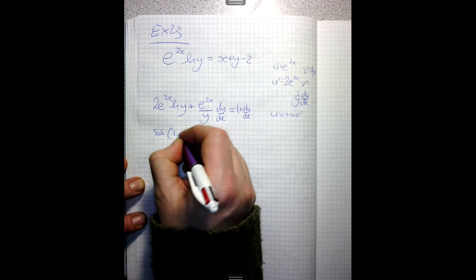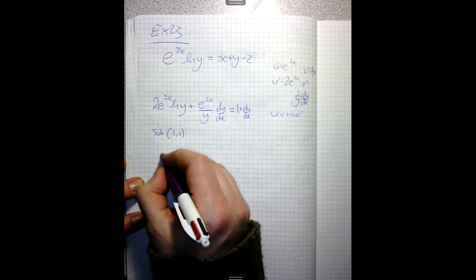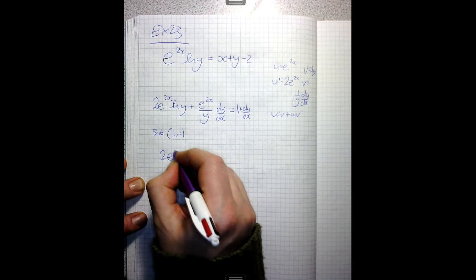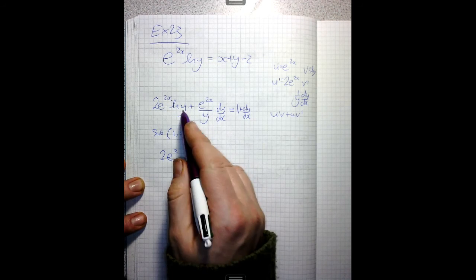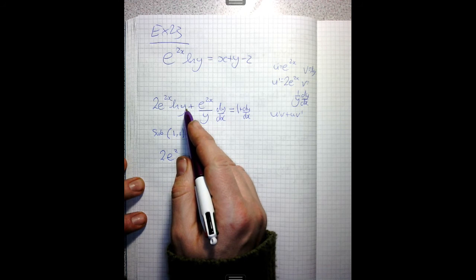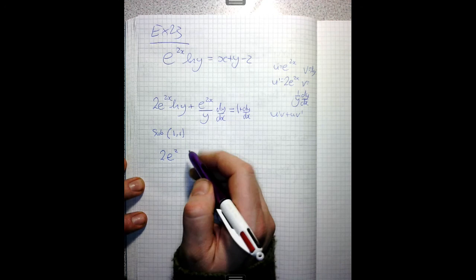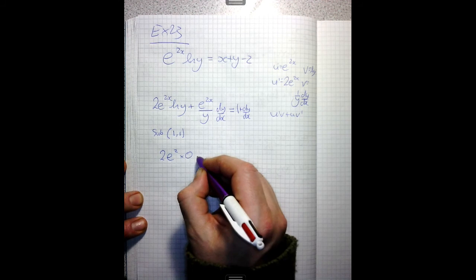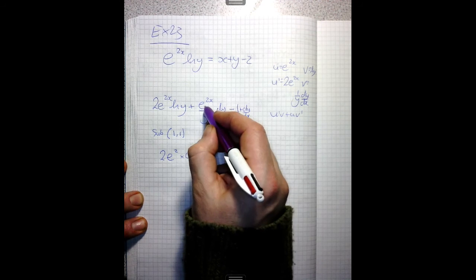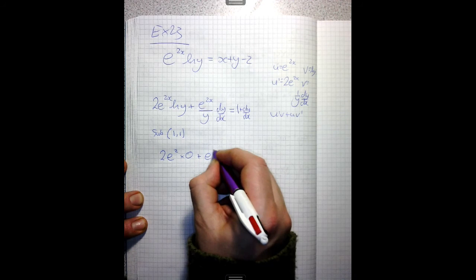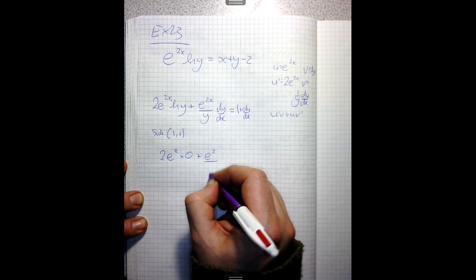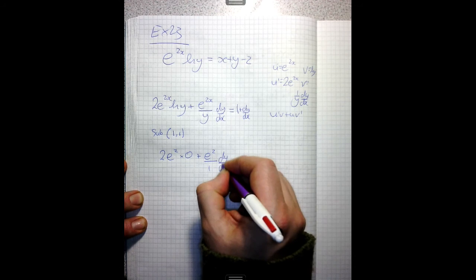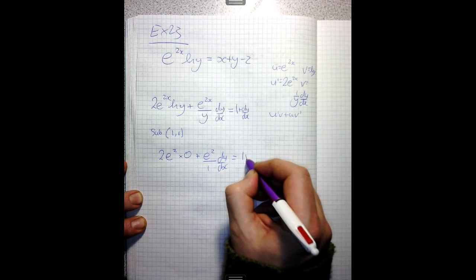Okay, so 2e squared log of 1 is 0, times 0, plus e to the e squared over 1 times dy/dx is 1 plus dy/dx.